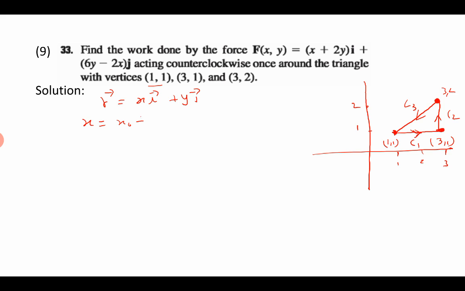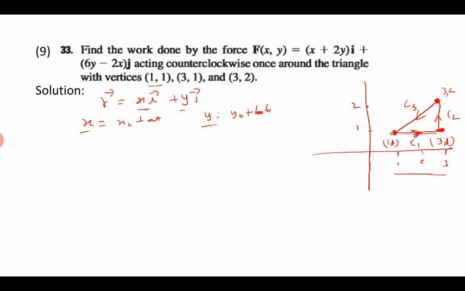X is x0 plus at, y is y0 plus bt, the parametric form of the straight line, isn't it? You can find x and y and then use them here. That is one method. So here you can find a vector joining these 2 points, 1 comma 1 and 3 comma 1, which is passing through one point. So if you have one vector and a point, you can find x and y. Otherwise, simply here you will write in the direction of i.